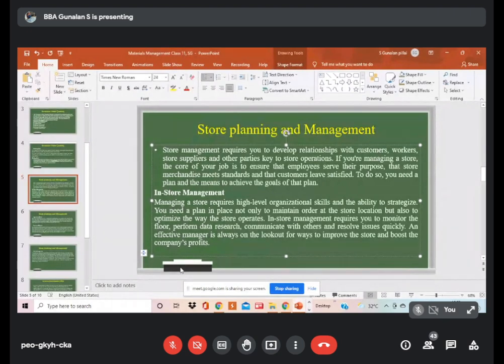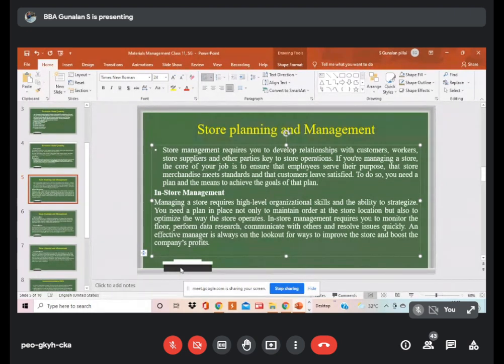Strategize. You need a plan in place not only to maintain order at the store location, but also to optimize the way the store operates. An optimum level of operations is required for a store.